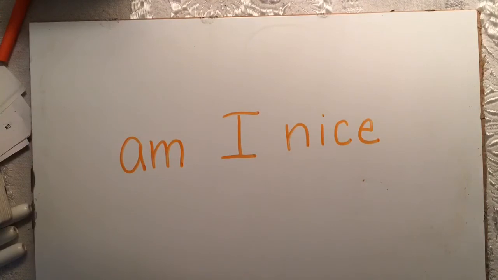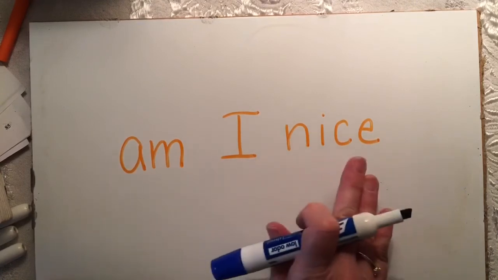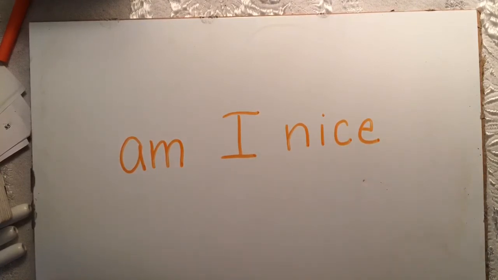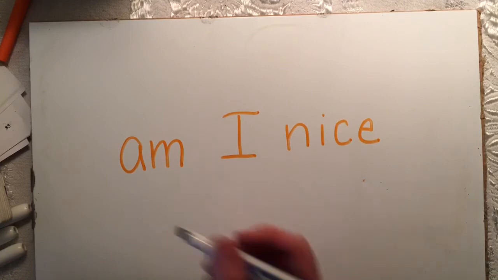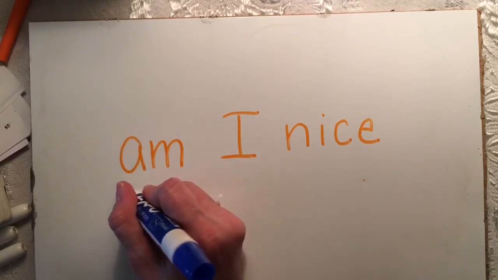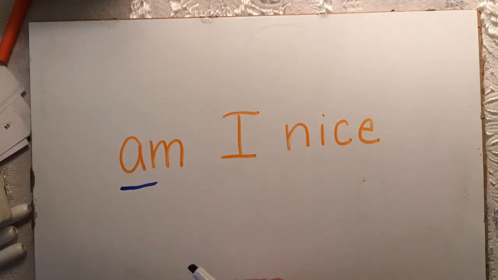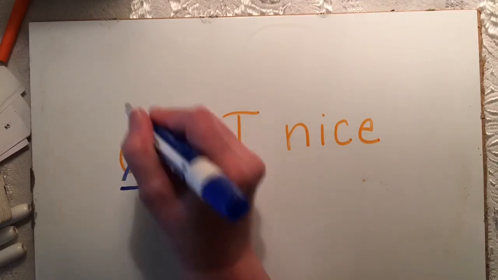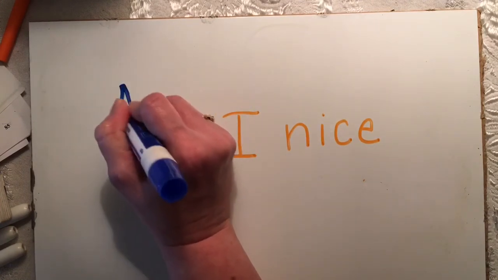All right, taking that sight word list that we just practiced, we've made a sentence. Am I nice? But I see some problems in this sentence. I know that the beginning of every sentence has to start with a capital letter. I'll cross that out and place an A over the top.